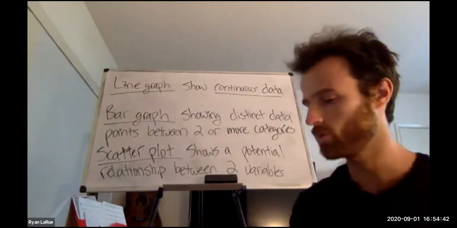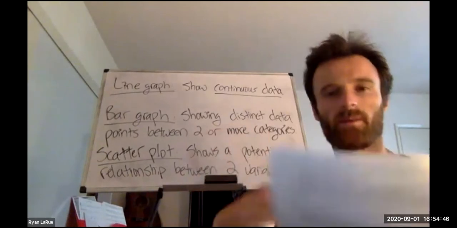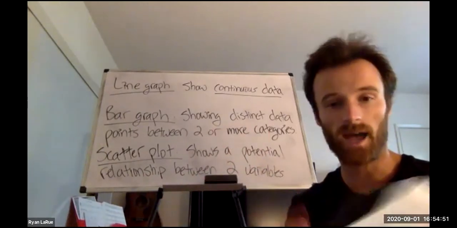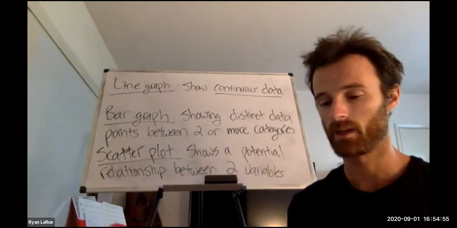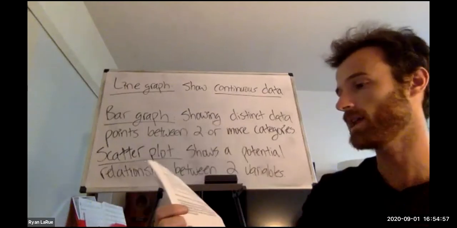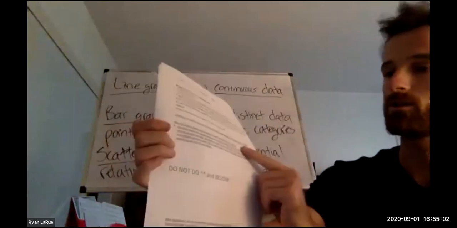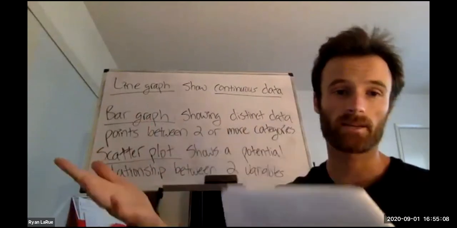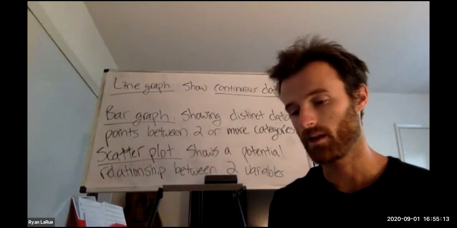Just want to mention again, it's sort of included in my instructions, but whenever you do a graph, if you're savvy enough and want to do it in Excel, totally okay. Stacy included a link, and it's actually on page 8. If you want to use Google Sheets, which is an online way to make a graph, she has a link for a tutorial that will show you how to do it.